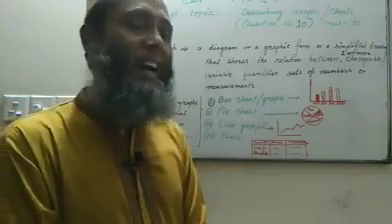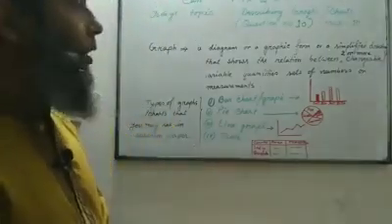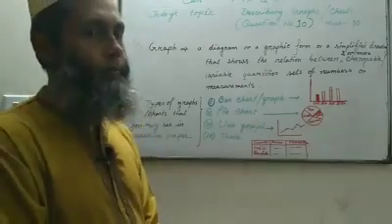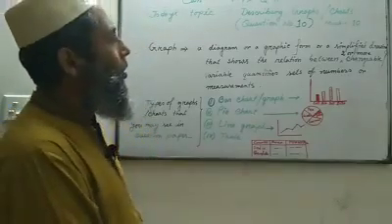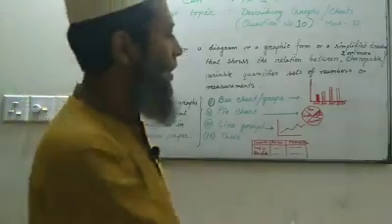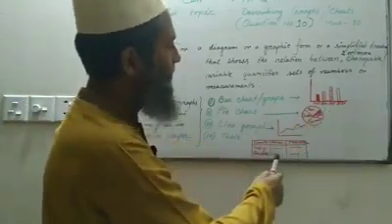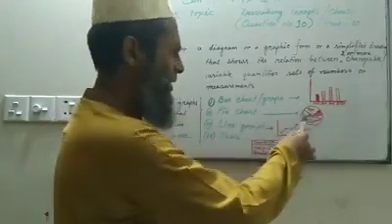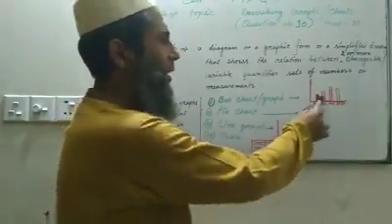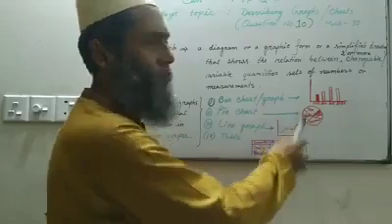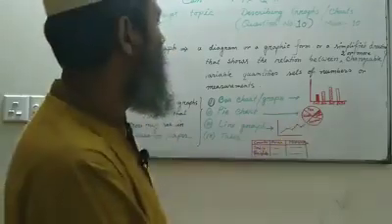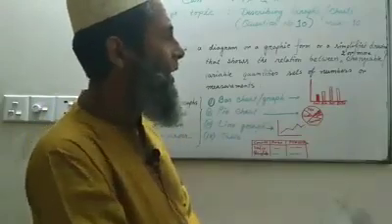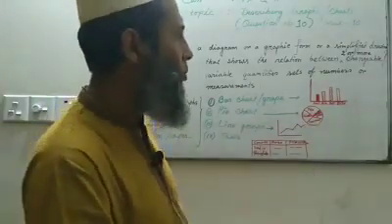Graph means a diagram, লেখচিত্র in Bangla, or a graphic form, just in this way, or a simplified drawing. Actually, these are different types of drawing that show the relation between two or more.